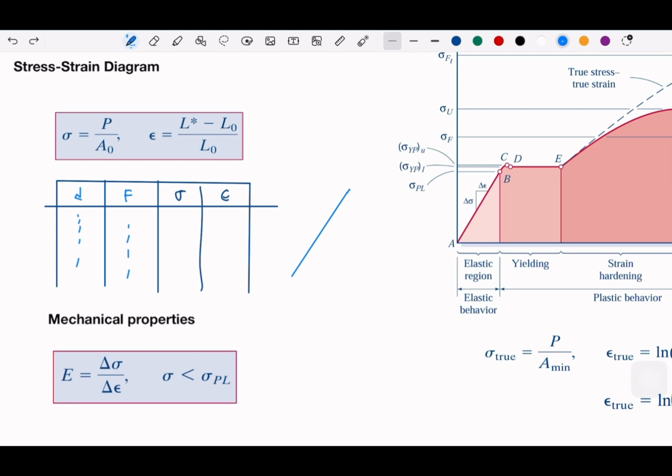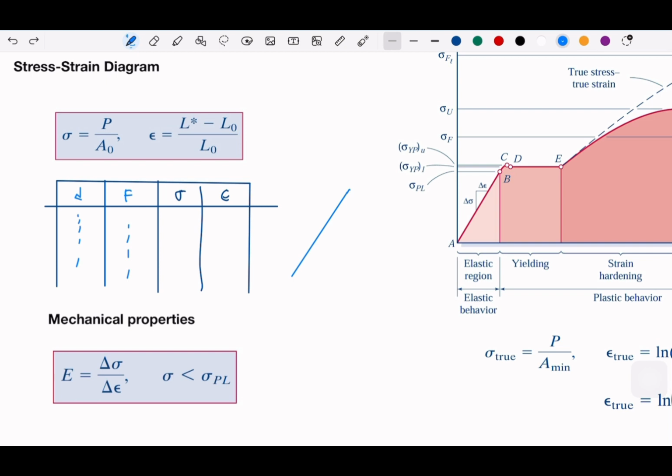Okay, so what's the deal with the elastic? Every time you see a straight line on the mechanical property curve, the stress-strain curve, it gives you the idea that this is a linear equation, right? So what happens when the linear equation happens? This is the modulus of elasticity, or Young's modulus.